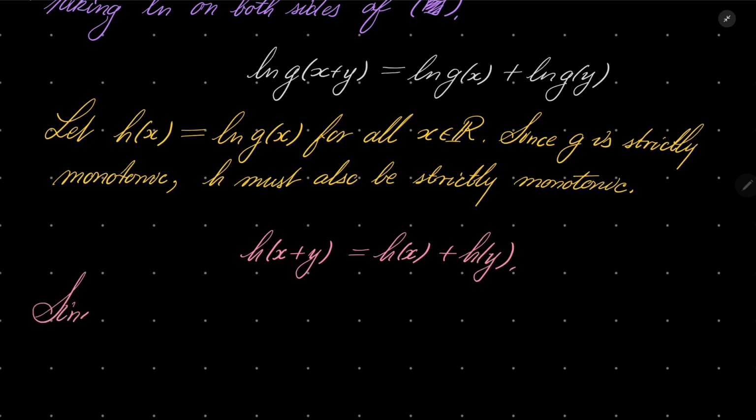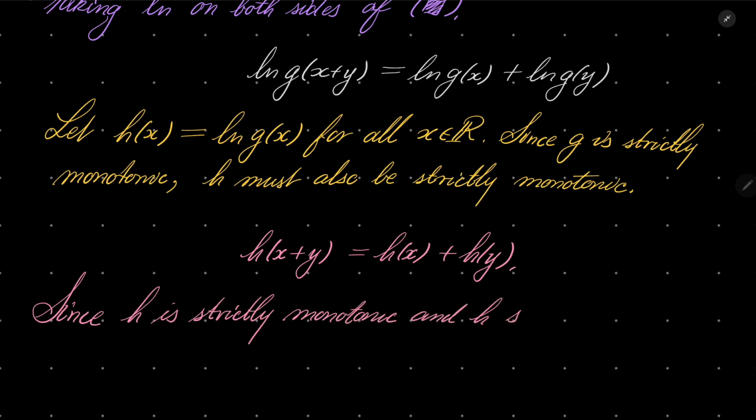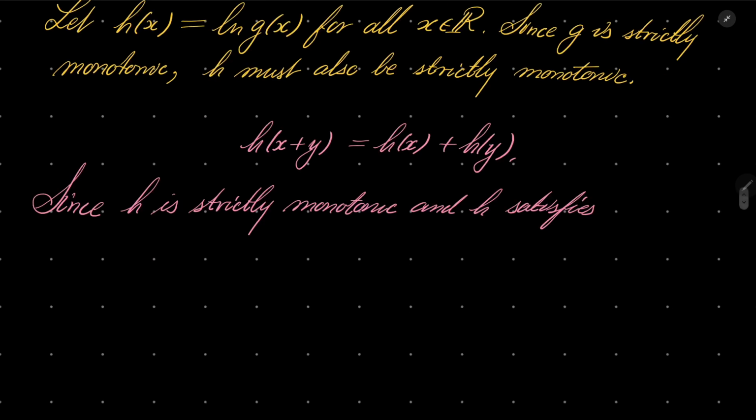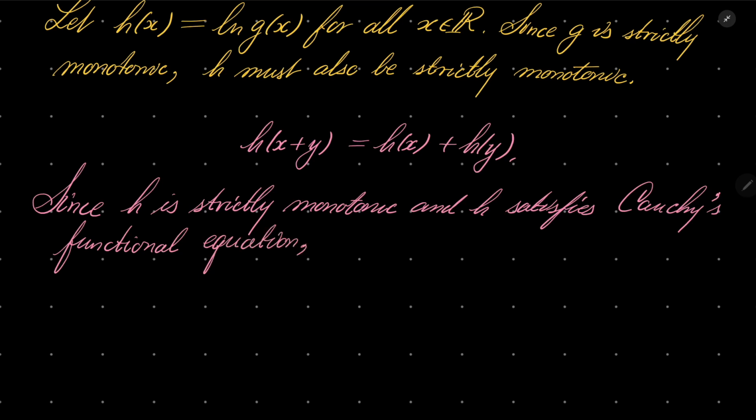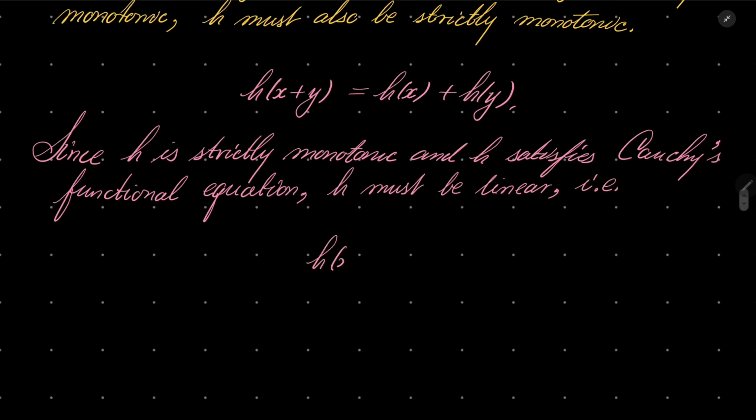So since h is strictly monotonic, and h satisfies a Cauchy functional equation, h must be linear, i.e. h of x equals b times x, where obviously b cannot be 0 because h is strictly monotonic.